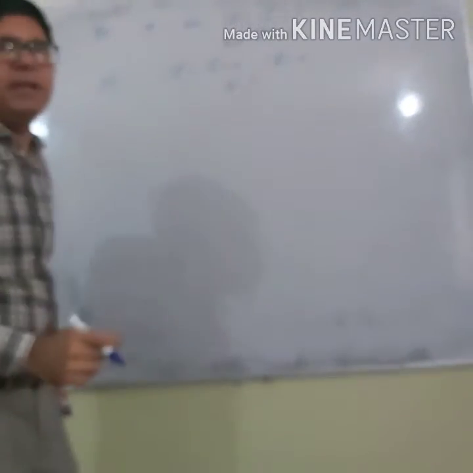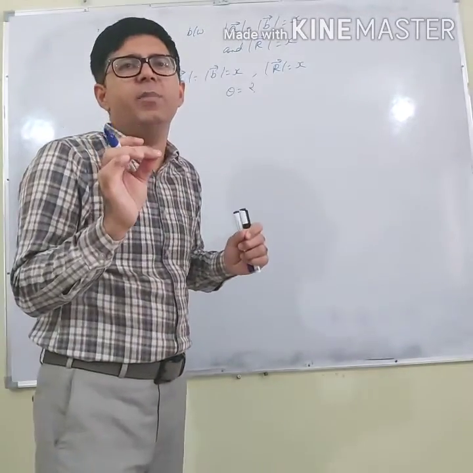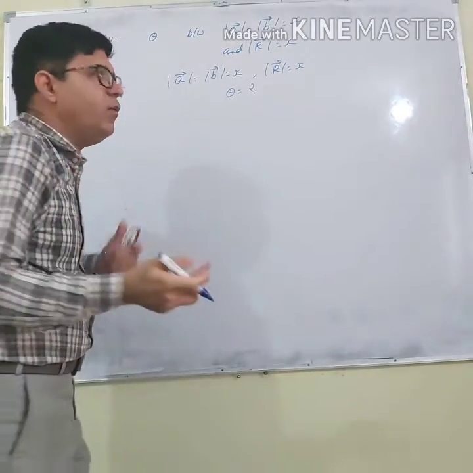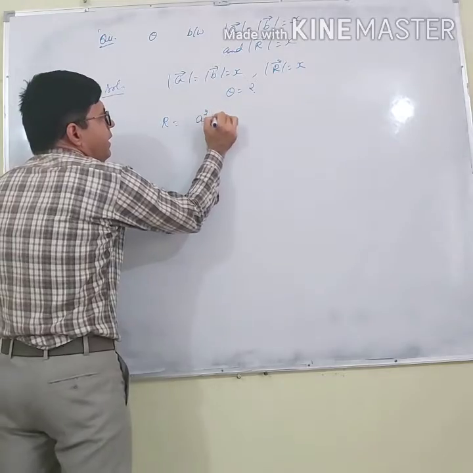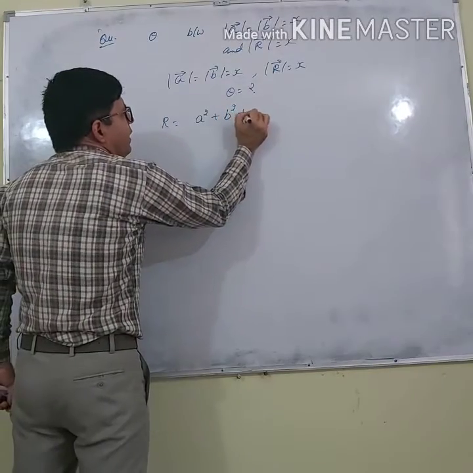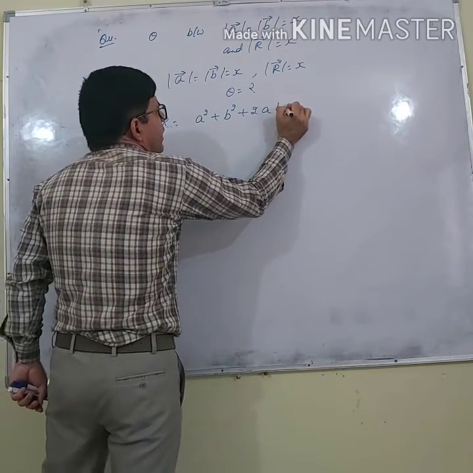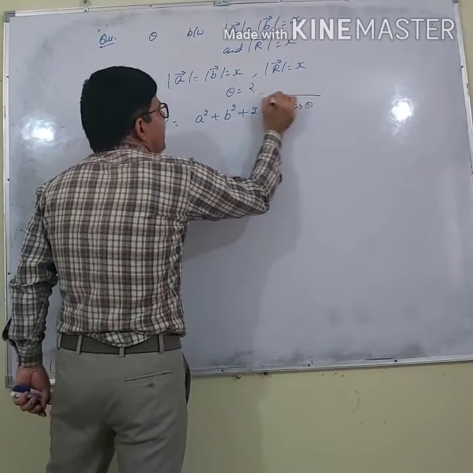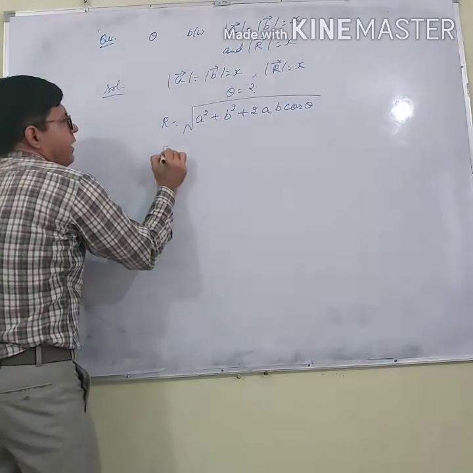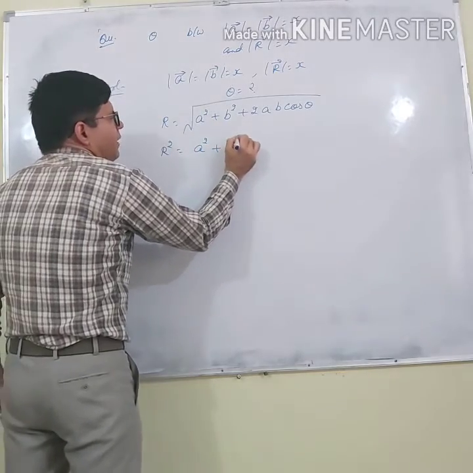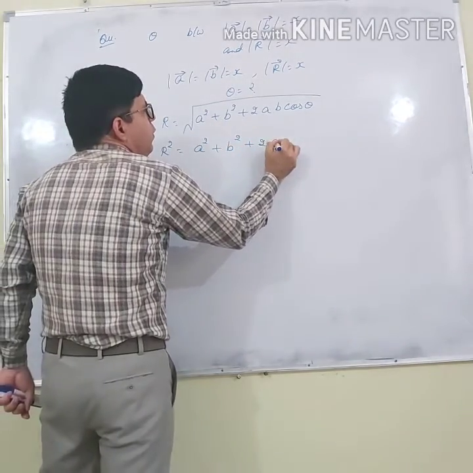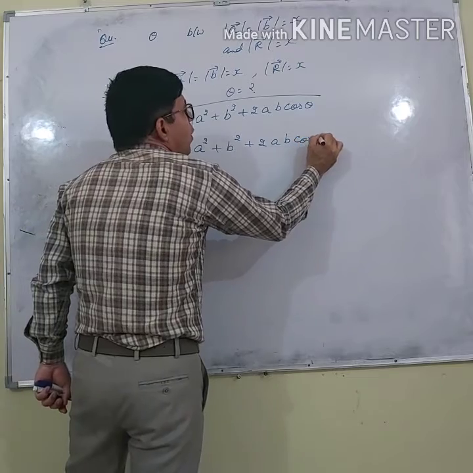My solution: I am given the magnitude of A, the magnitude of B is x, and the magnitude of R is also x. I have to calculate theta. Now, is there any relation which connects R, A, B and theta? That is the formula of R. We know that R equals the square root of A square plus B square plus 2AB cos theta. So I can write R square equal to A square plus B square plus 2AB cos theta.